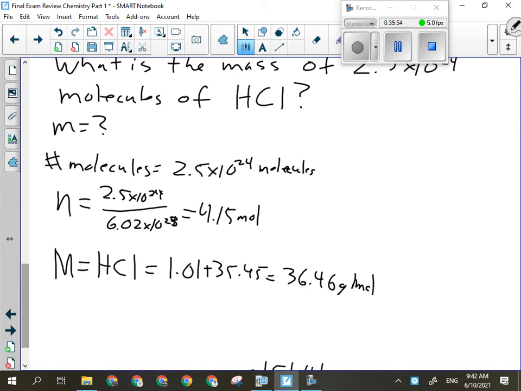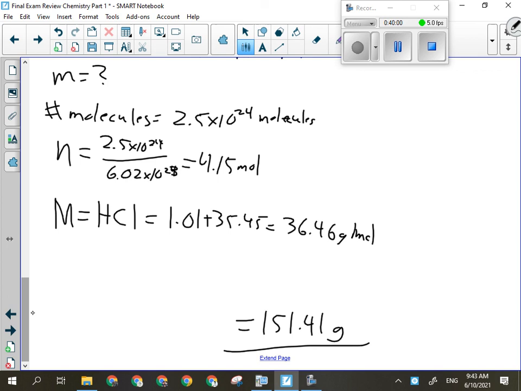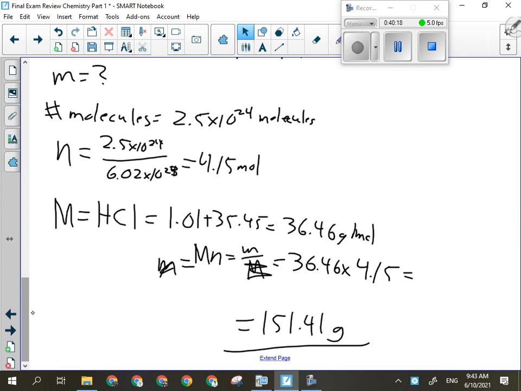Everybody okay with that? Okay, so from there, I'm now looking for m, and that's where I'll use the mole equation. n equals little m over big M. I've got to manipulate that, like so. Plug in my numbers, 36.46 times 4.15, which is what I calculated before.